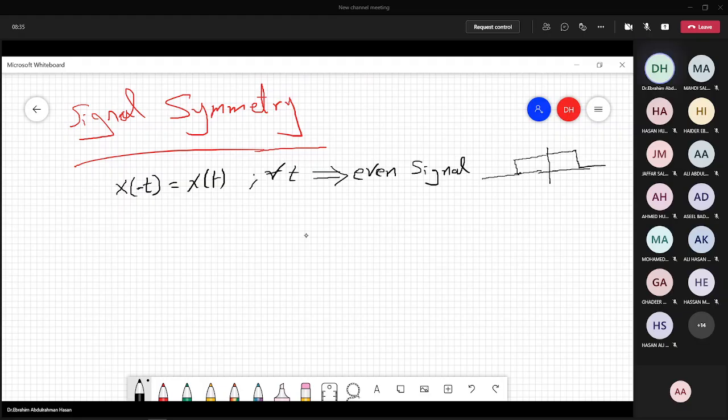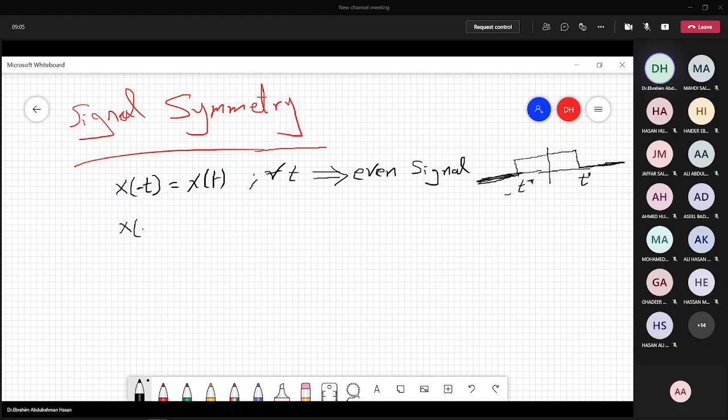Say this is T star, then this is minus T star. Any value here at any time is exactly equal to the value on the positive side. So x of minus t equals x of t for all t, then we call it an even signal.